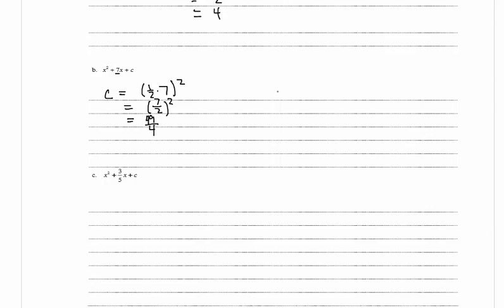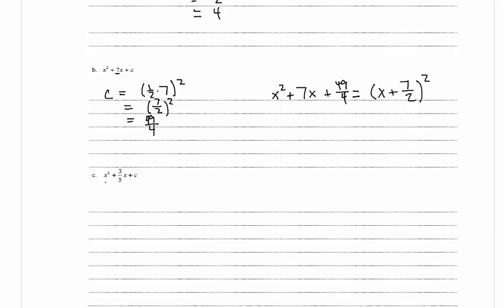And now we can write x squared plus 7x plus 49 over 4, and that is equal to x plus 7 halves squared. And if you notice, the constant term in our perfect square is also the number that we got by taking 1 half of the coefficient in front of x.